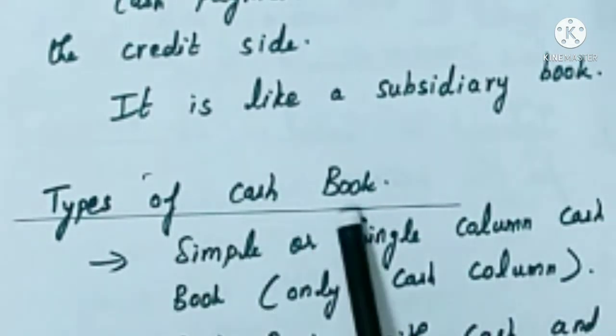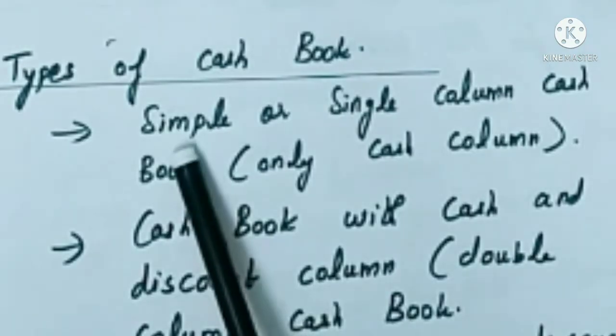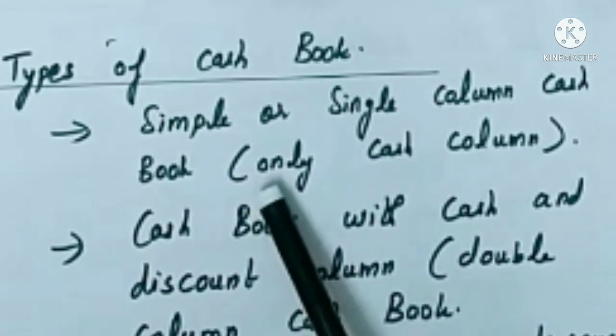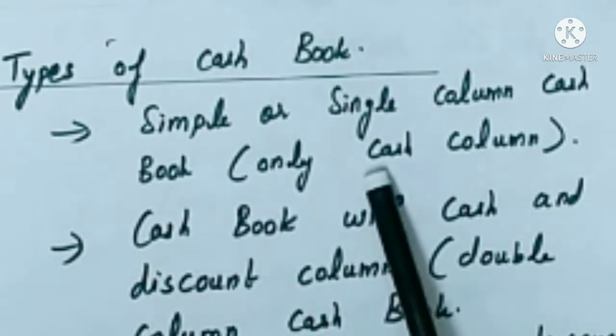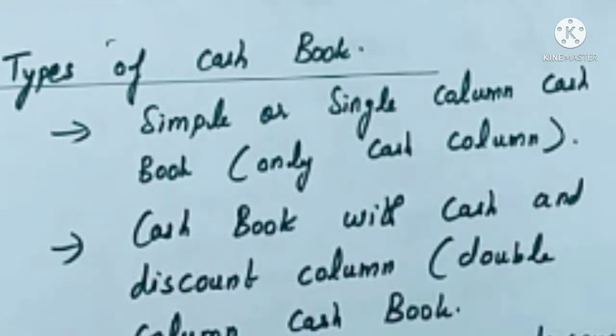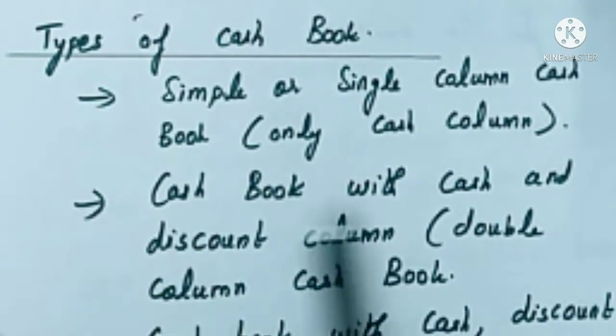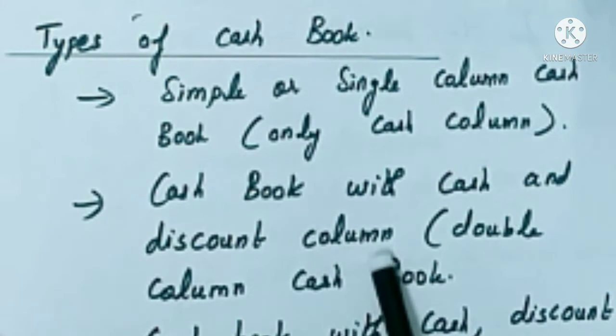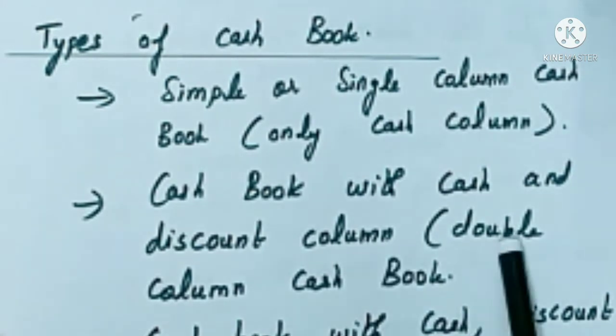Types of cash book. Simple or single column cash book means it has got only a cash column. Cash book with cash and discount columns is known as double column cash book.